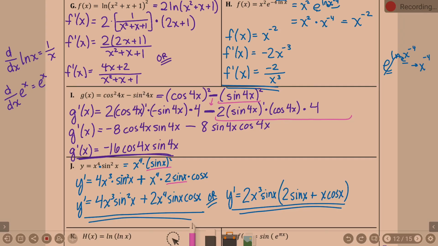But then it's a chain rule, because it was the derivative of something to the second, which is 2 times something, and then times the derivative of the something. So the derivative of sine is cosine. It's the chain rule we learned yesterday, where you do the derivative of the outside function first, and then the inside.